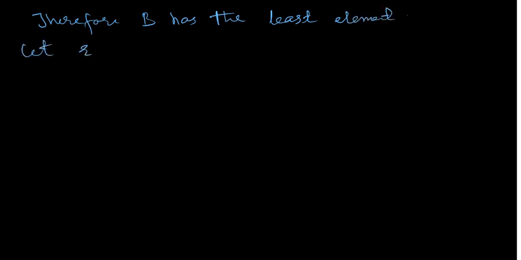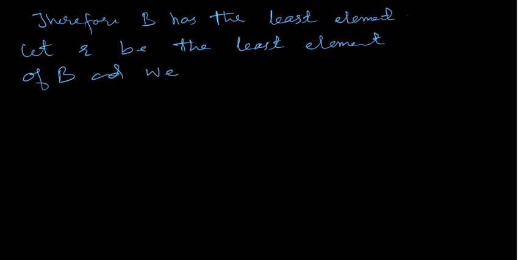Therefore m is the least positive, therefore least element of A, therefore B has the least element. Okay, let r be the least element of B, and we call it the period of the element a.